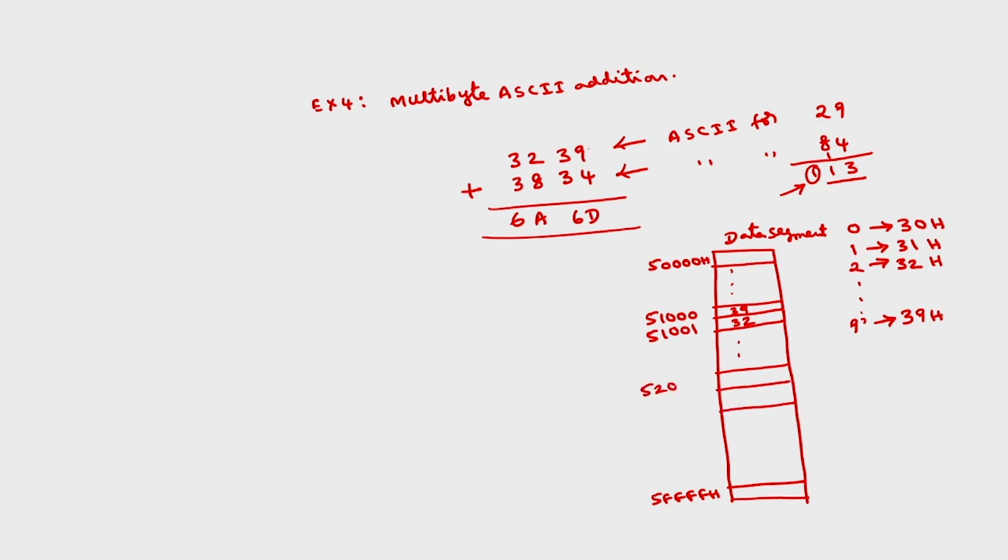At 52,000, 34 is stored, and at 52,001, 38 is stored. This is ASCII corresponding to 9, ASCII corresponding to 2, ASCII corresponding to 4, ASCII corresponding to 8, and you store the result back onto this.